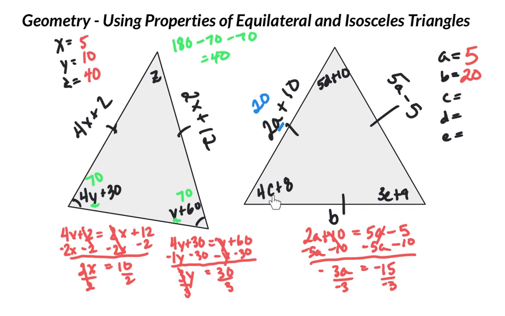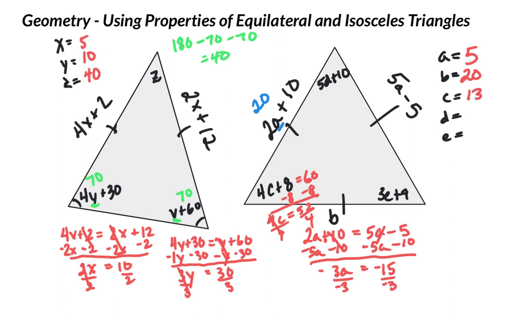we know that all of these angles are equal, but you notice they have different variables. The important thing to know is that all of those angles are equal individually to 60. So I'm going to solve this right in here. Subtract 8. So 4c equals 52. Divide by 4. C is going to be 13.